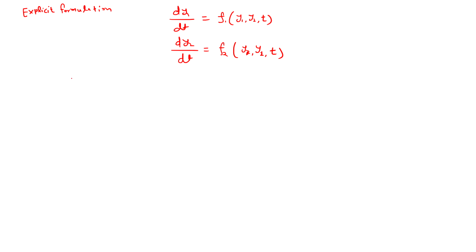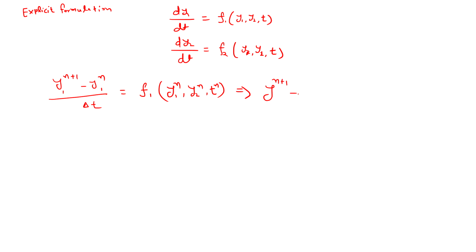So we have y1 at n plus 1 minus y1 at n divided by delta t is equal to function value evaluated at y1 n, y2 n, t n. This gives me y1 at n plus 1 is equal to y1 n plus delta t, function value evaluated at y1 n, y2 n, t n.